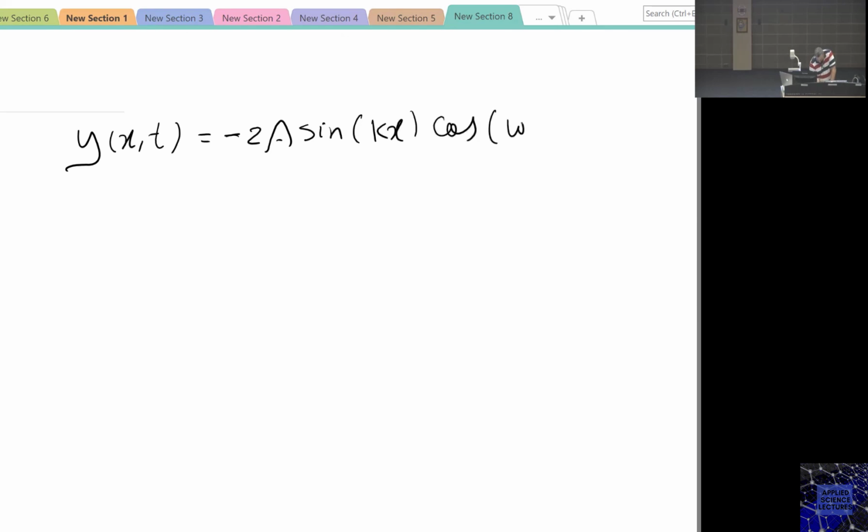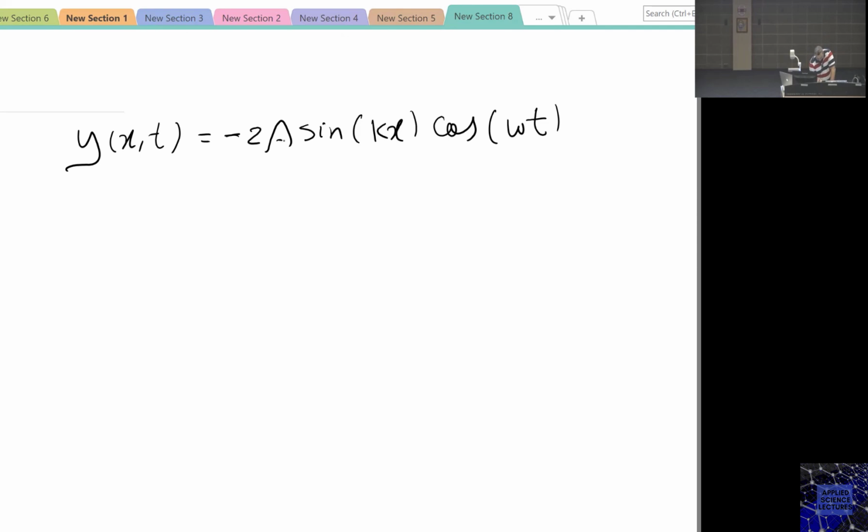So how do I do this? Now my function, that is a function of space and time, is minus 2a sine kx cosine omega t. Notice that the sine is space dependent, while the cosine is a time dependent function.